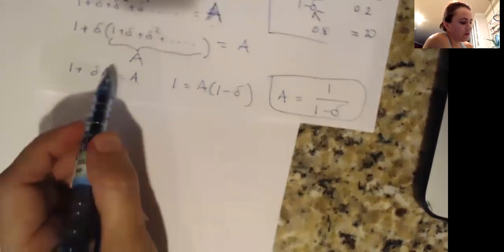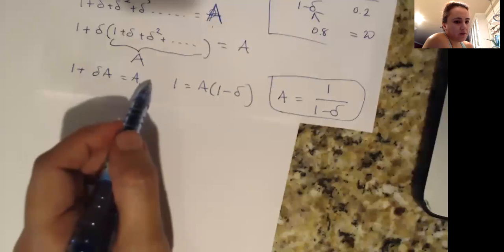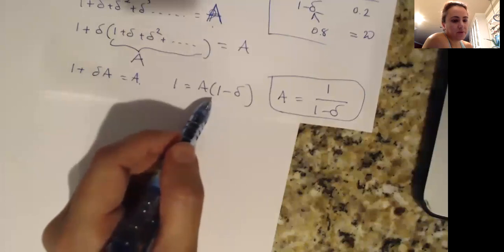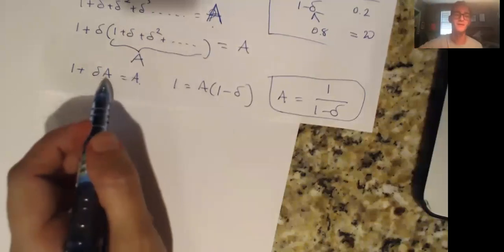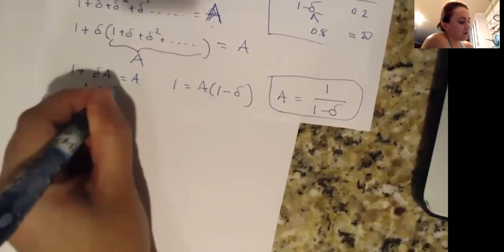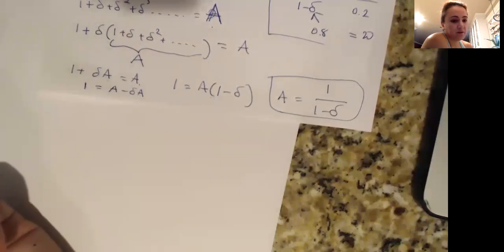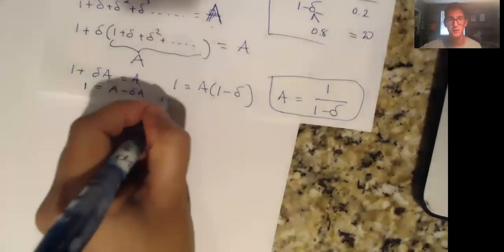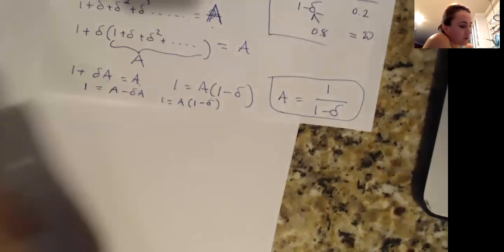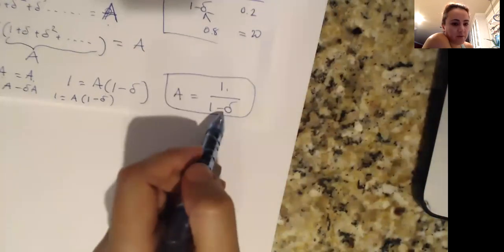So from here to here, I subtracted delta A from each side, and then I took A into the parentheses. Wait, how did you get from here to here? Okay, so subtract delta A from each side, and then take this into the parentheses of 1. Factor out A. Okay. So A is equal to 1 divided by 1 minus delta.